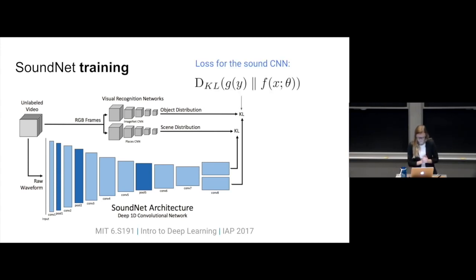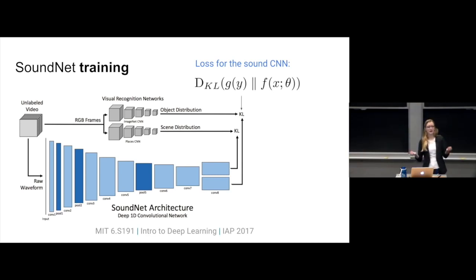So how does this work? We have a raw waveform that's being fed into a one-dimensional convolutional neural network with many layers. And this is outputting a high-dimensional vector, like a sound embedding. We're basically just trying to minimize the distance between the object and scene information and the audio embedding.